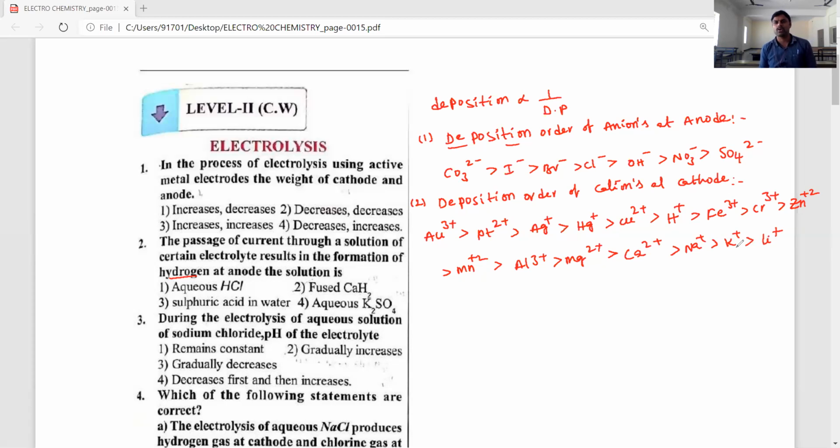Lithium has a very low deposition order because it has the highest discharge potential, and its deposition order is very less.